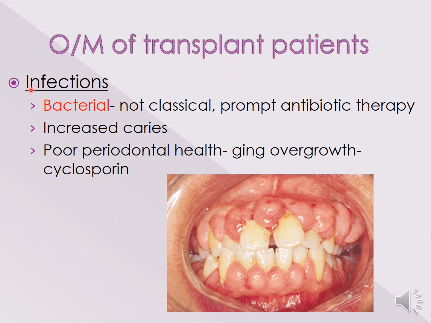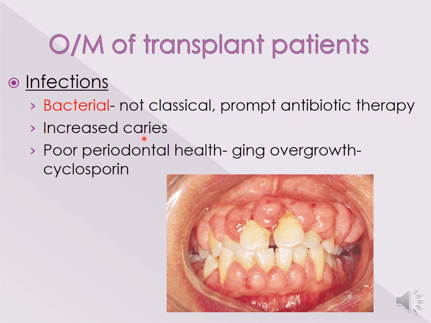It could be in the form of infections. For example, bacterial infections can occur because your body is receiving something which is foreign and not belonging to the own body, or not belonging to the area where it's supposed to be, if it's an autologous or an allogeneic transplant. These are not classical bacterial infections, and they generally prompt antibiotic therapy.